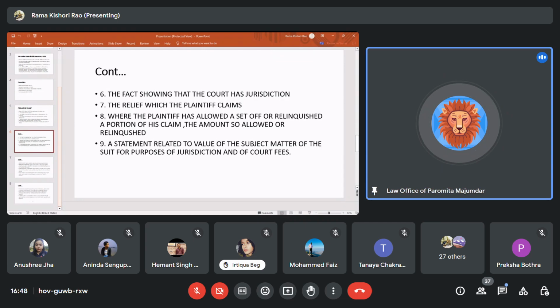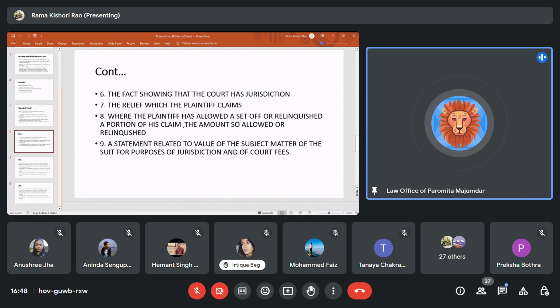Or let's say if the property is somewhere in central Delhi, then the court which will have jurisdiction is Patiala House, Delhi, or Rouse Avenue in Delhi. Okay. So this is how you have to show the court why this court before which I filed the case has the jurisdiction to entertain my claim.